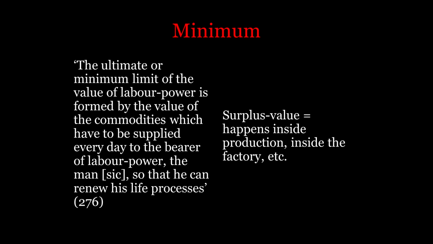So I need a certain amount of commodities in order to live, in order to produce commodities for the man, e.g. the capitalist. So wherever I might work, Marx is saying, I only get the minimum that I need in order to live, but wherever I might work, that's also where surplus value happens.